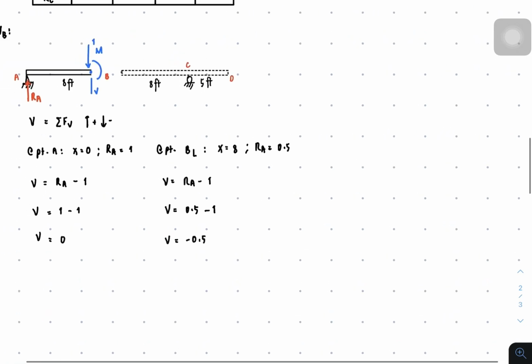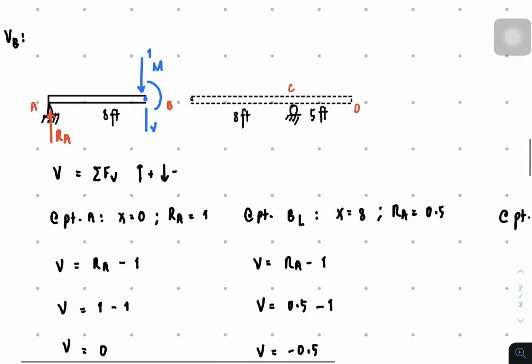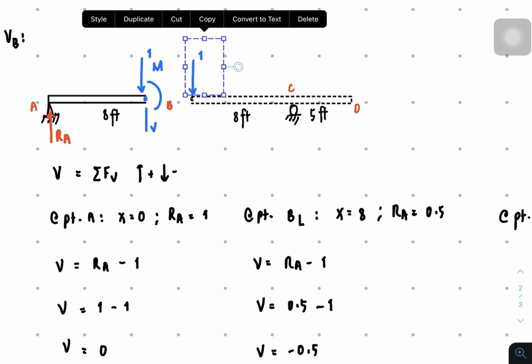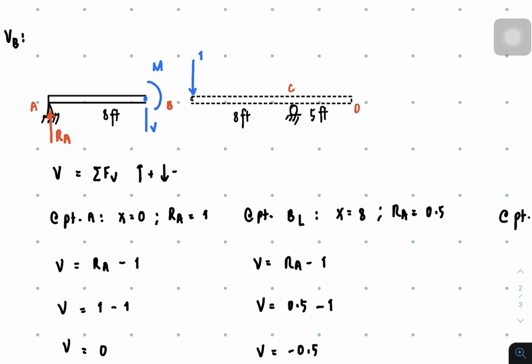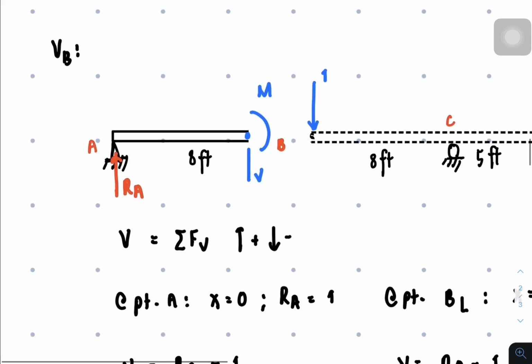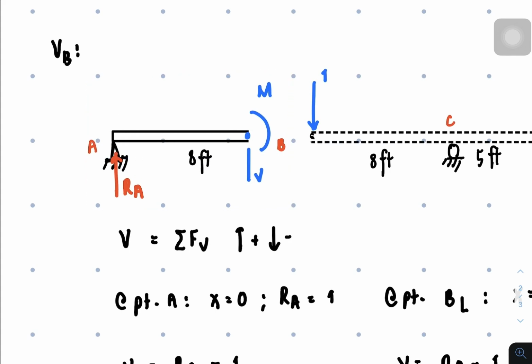Let us proceed with point B right side, meaning we will be placing the 1 unit load here at the right side of B, so wala na siya diha, and we will only be focusing on this portion of the beam because that's the only section that we consider.